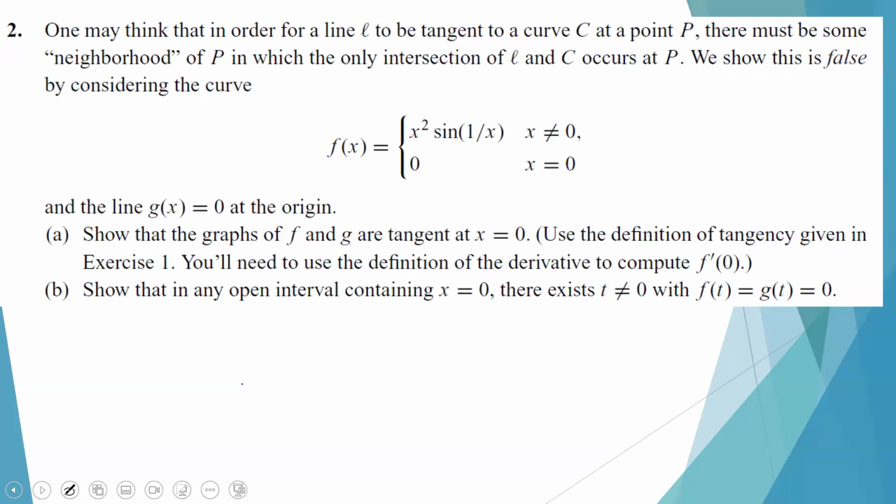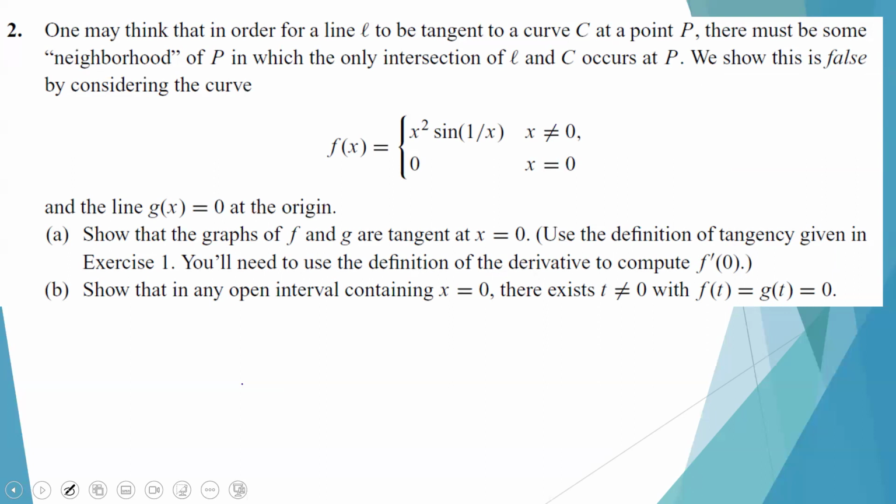What is this saying? This is saying one may think that in order for a line L to be tangent to a curve at a point P, there must be some neighborhood of P in which the only intersection of L and C occurs at P. We show it's false if you consider this piecewise curve.